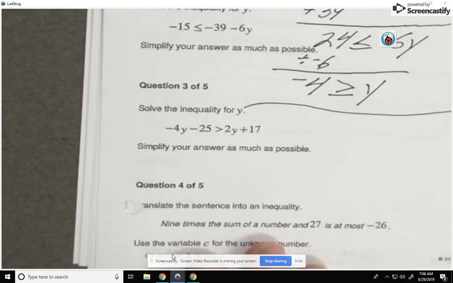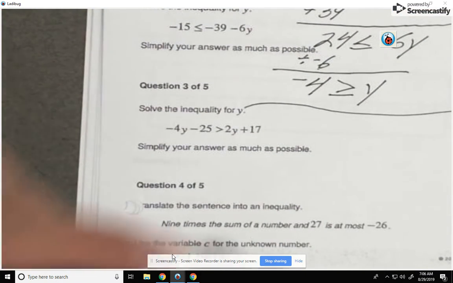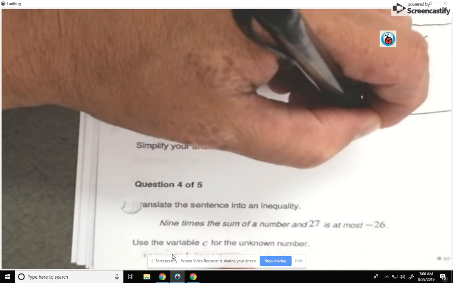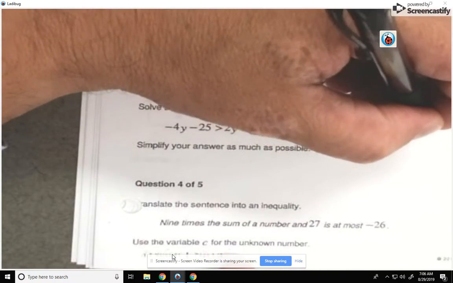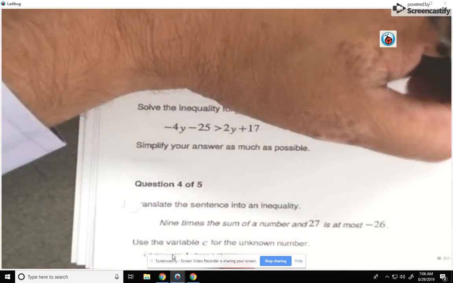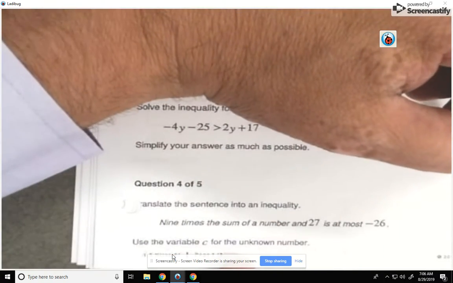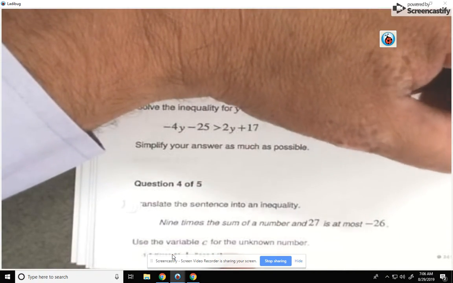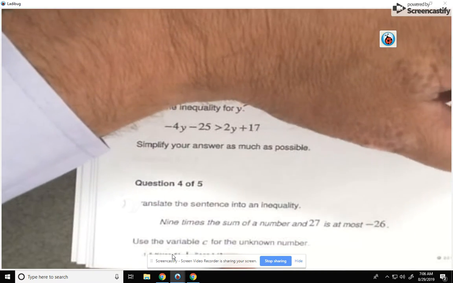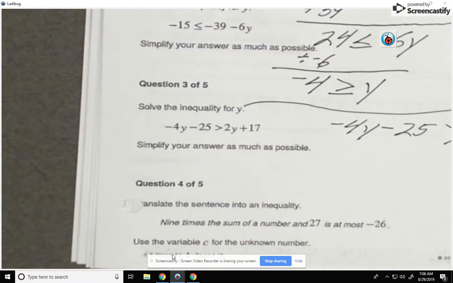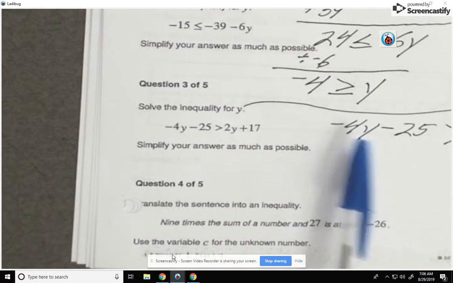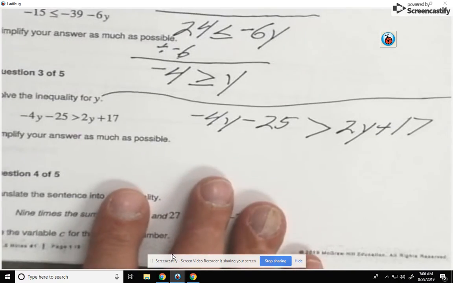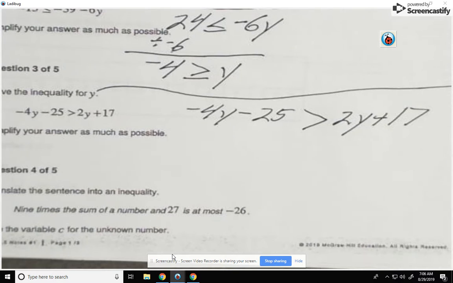Okay, question 3 gets a little bit more difficult. We have negative 4y minus 25 is greater than 2y plus 17. Okay, so at this point, we have variables on both sides of our equation.